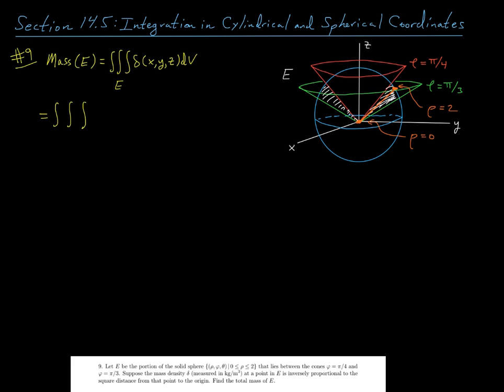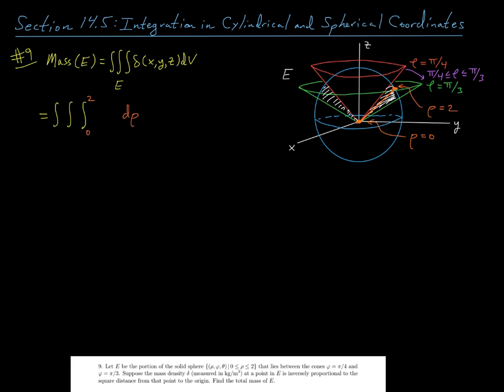Okay, so the bounds for rho would just be from 0 to 2. And then for phi, we're going to think about the portion along the red cone, phi equals pi over 4, and then we rotate through until we get to the green cone, which is at phi equals pi over 3.